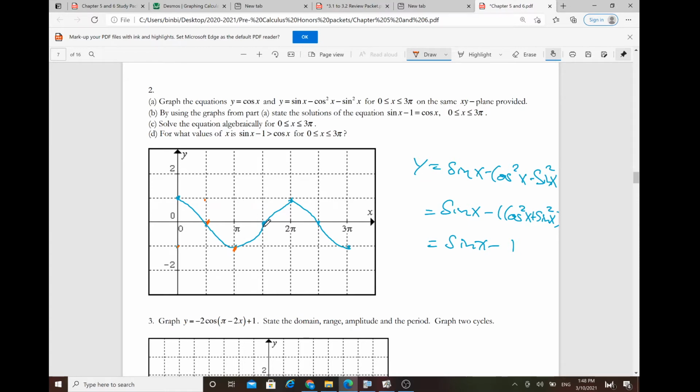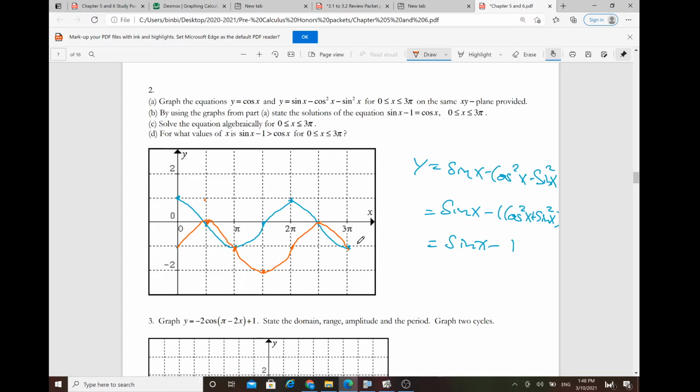Then at 3 pi over 2, negative 1 minus 1 is negative 2. And sine of 2 pi is 0, 0 minus 1 is negative 1. Again, the sine curve is shifted 1 unit down. Still consider it a roller coaster. Then keep going, it goes back to 0 and all the way back down.